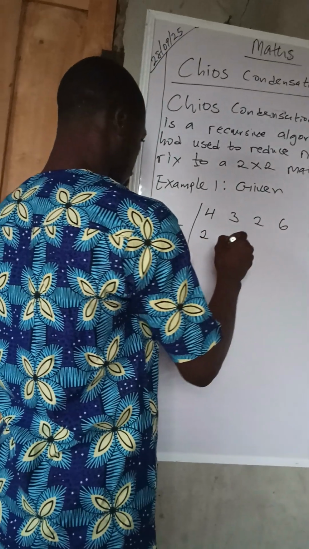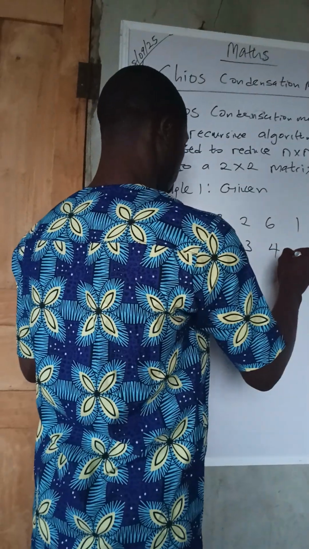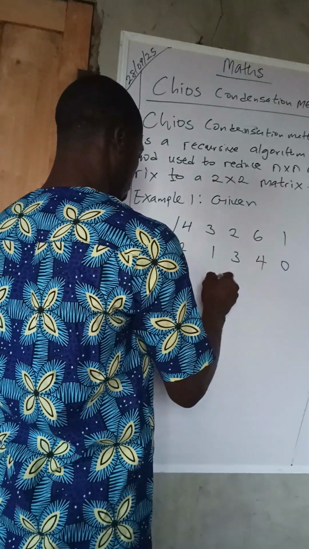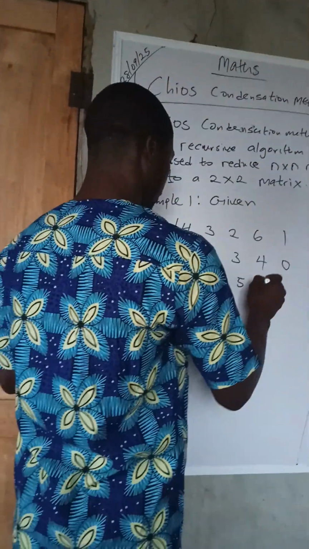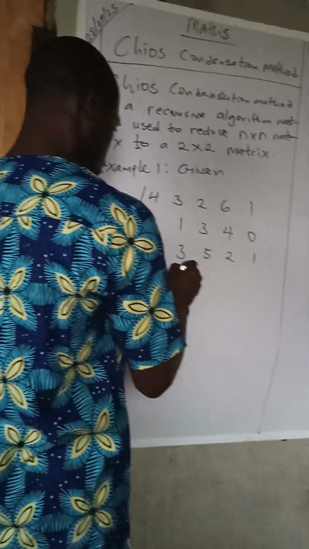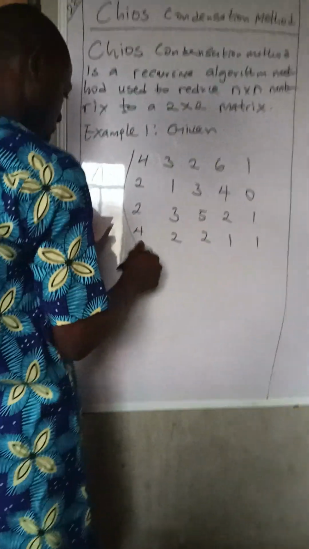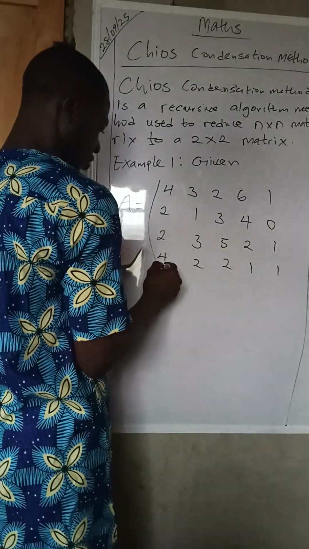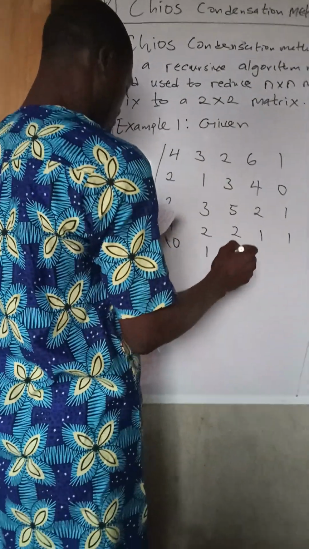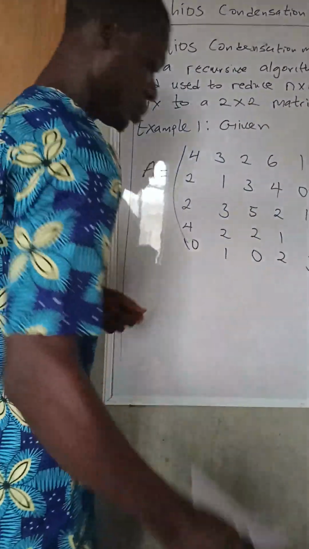You have 2, 1, 3, 4, 0. Then you have 2, 3, 5, 2, 1. You have 4, 2, 2, 1, 1. Then lastly, on the fifth row, you have 0, 1, 0, 2, 3. So this is the matrix.